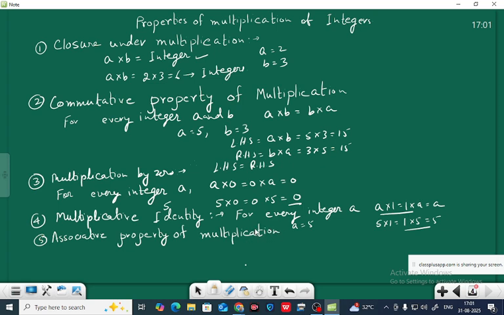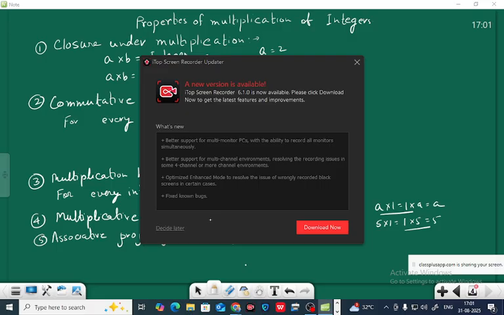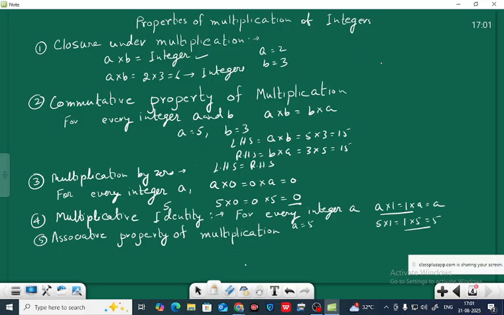In associative property, for every integer a, b and c, a into b, in bracket, into c is equal to a into, in bracket, b cross c.